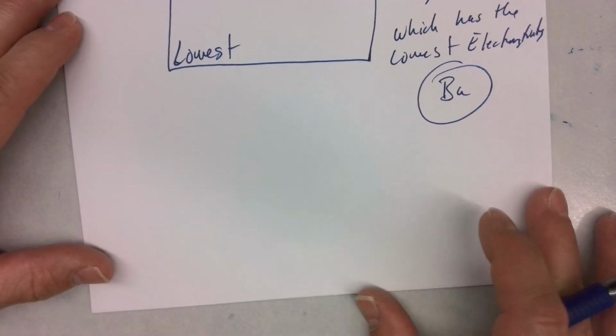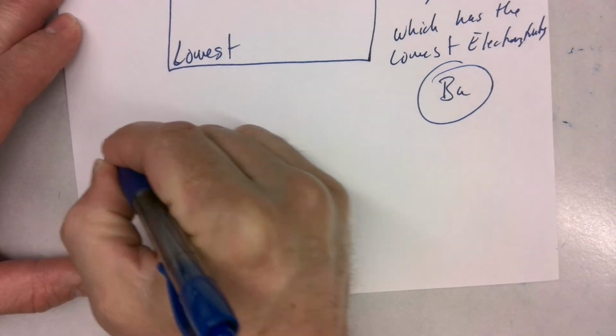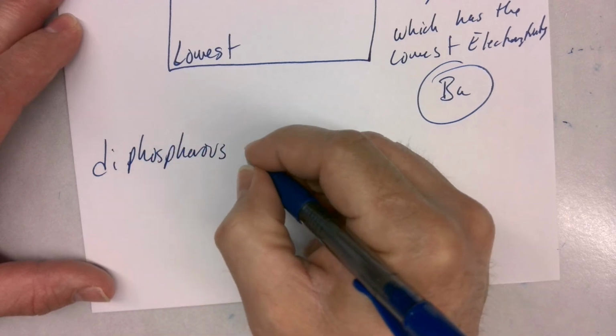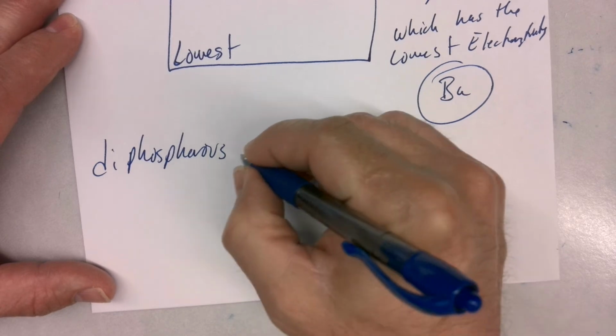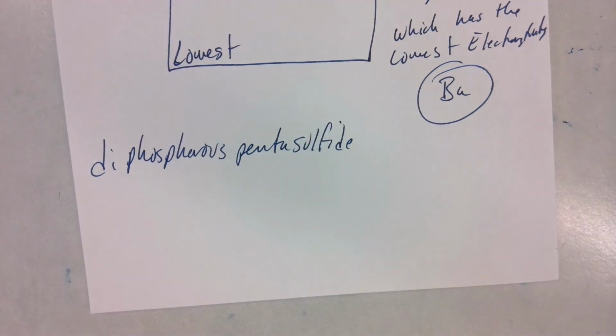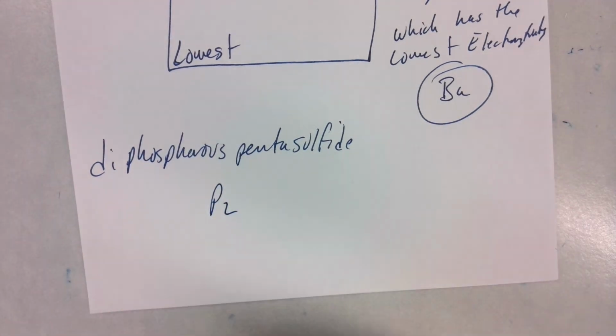What if I gave you diphosphorus pentasulfide? What would be its formula? P2S5.